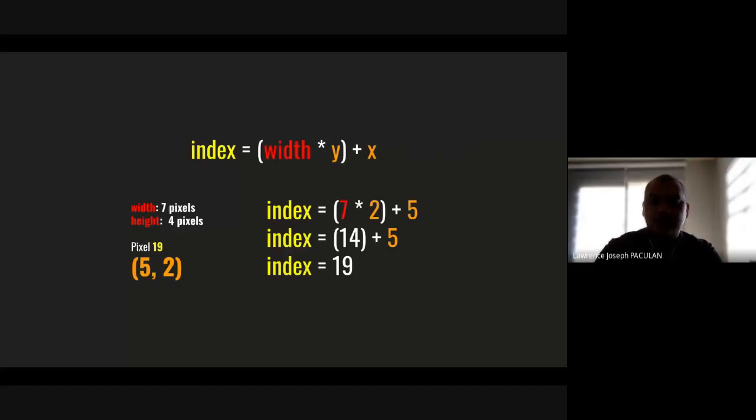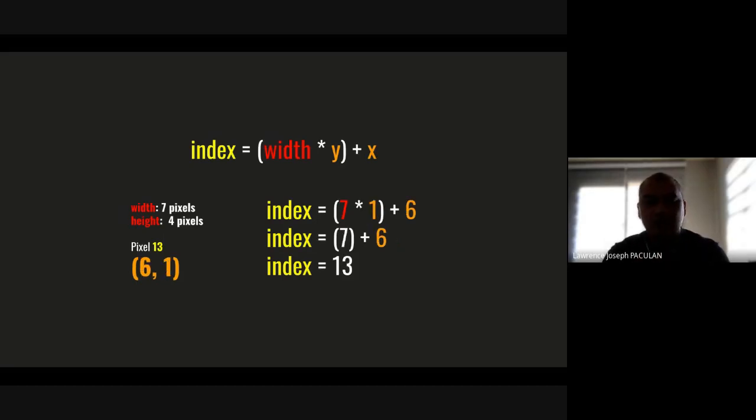Okay, so to check if the formula is correct, we substitute the values. The width is 7 pixels, y is given as 2, and x is 5. So 7 times 2 is 14 plus 5, that's 19. Then we check all the examples that we used earlier.